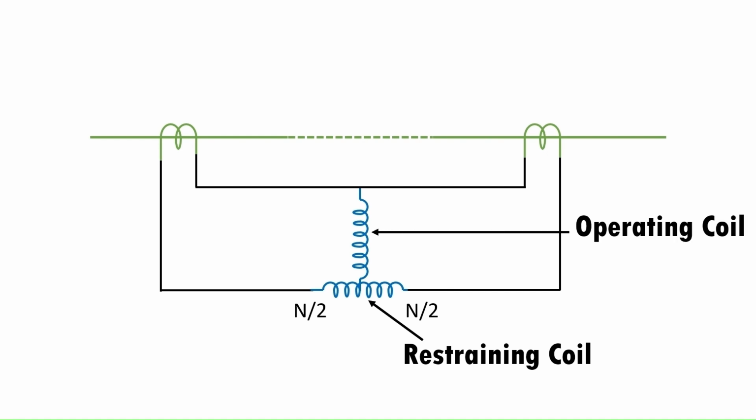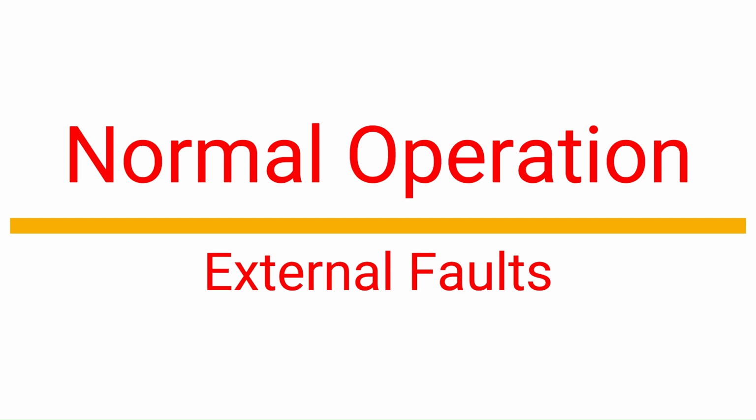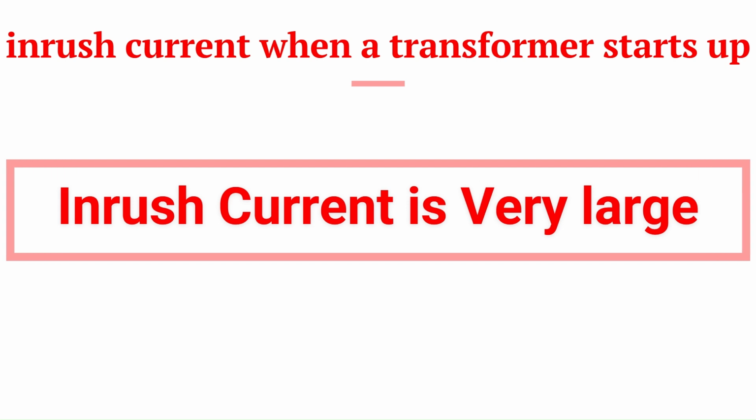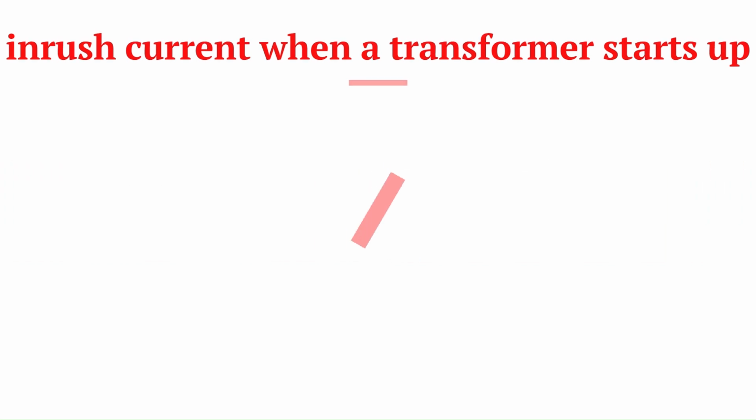The restraining coil prevents the relay from tripping during normal operation or external faults. The restraining coil also helps to prevent the relay from tripping due to inrush current when a transformer starts up, as these currents can be very large. This is the most used form of differential relay.